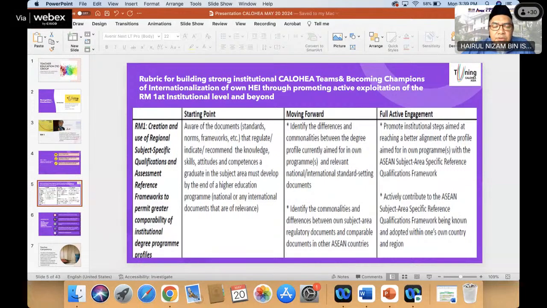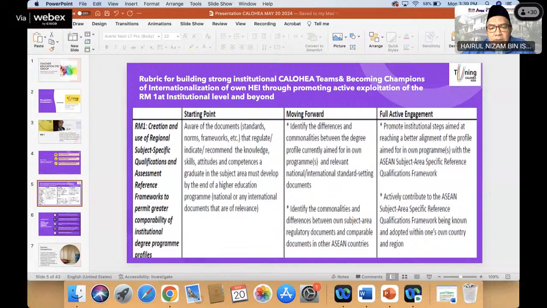Similarly for other programs, like science of education, we also have different majors. As far as this CALOHEA program is concerned, although we are looking at all the programs, we particularly focus on science, particularly the biology major. But it would be too much for me to go over all the programs in today's sharing, so we are going to be very general here.